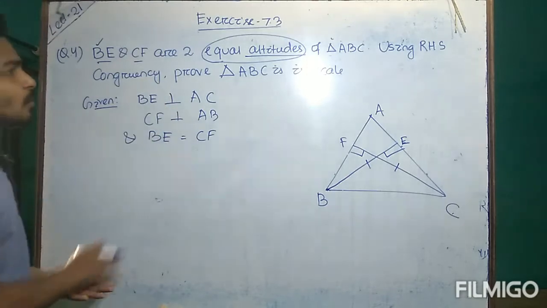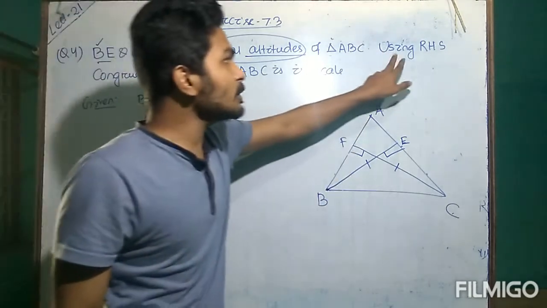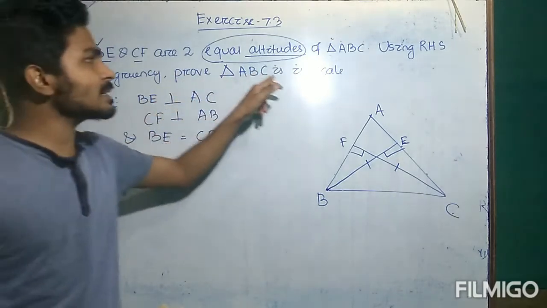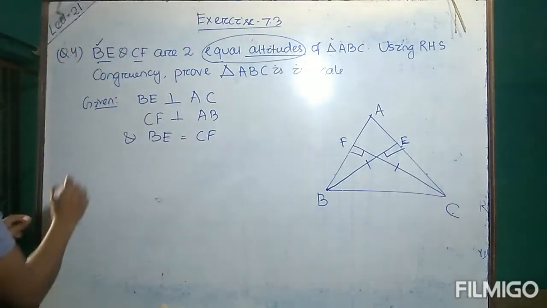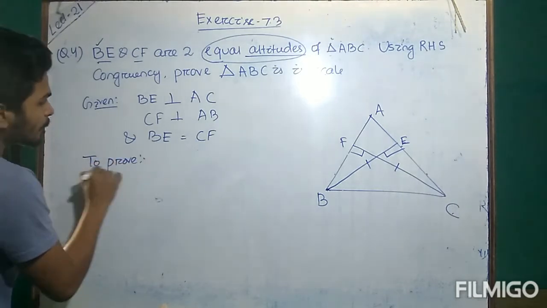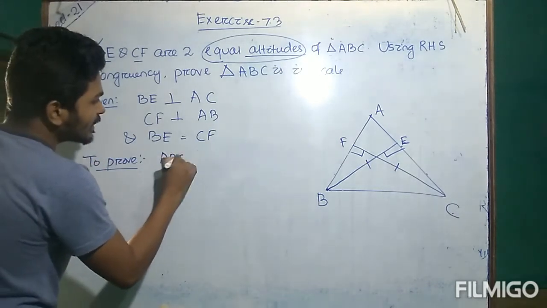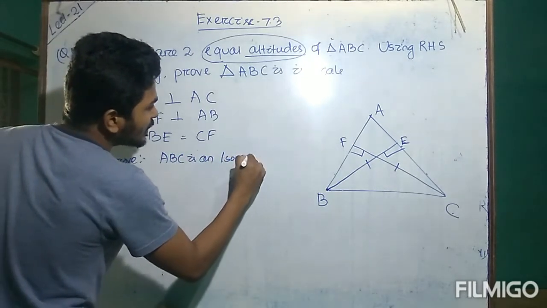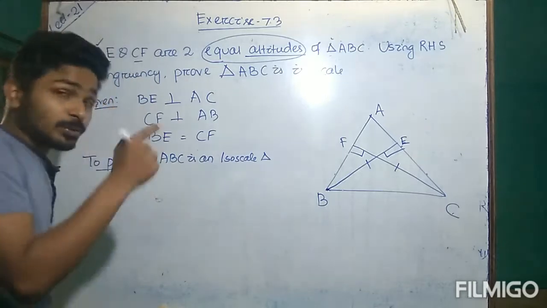Now from this data we have to prove, using RHS congruency, that triangle ABC is an isosceles triangle. So what we have to prove? To prove: ABC is an isosceles triangle, but using which congruency?